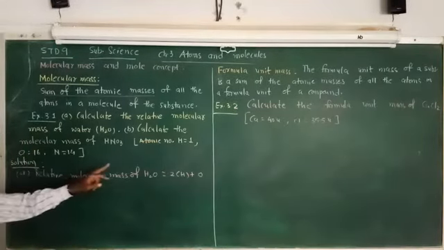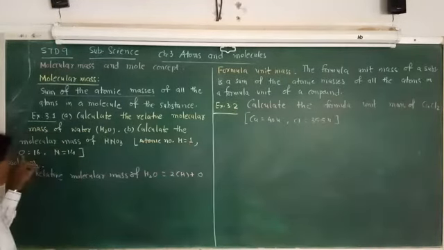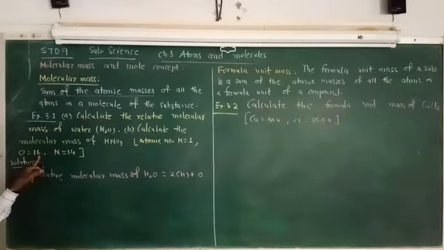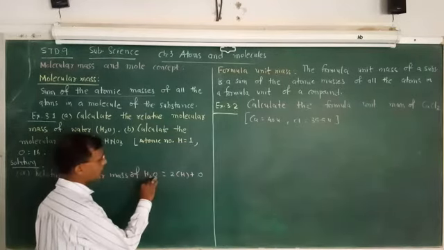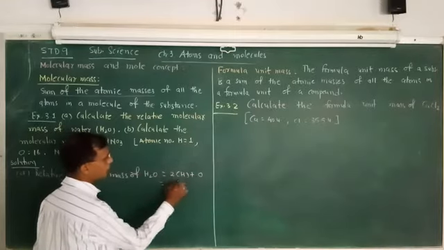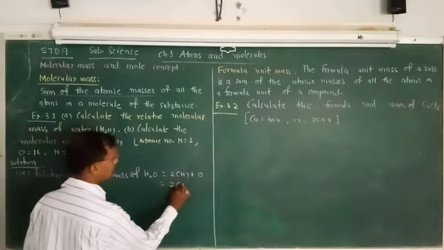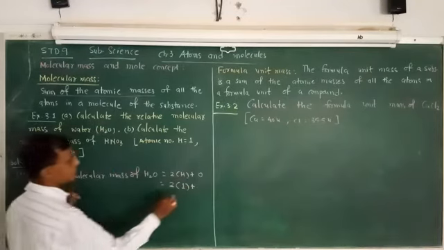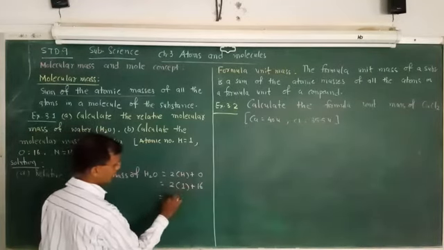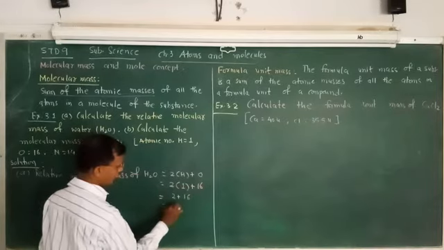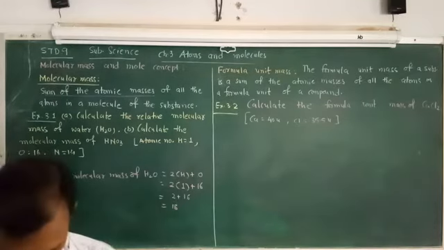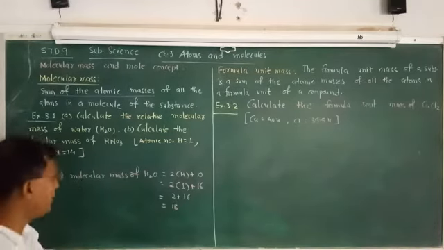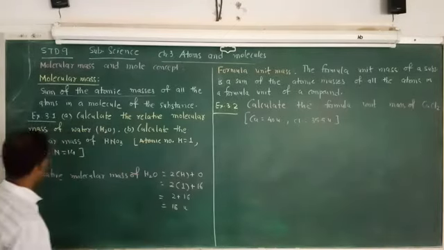The atomic mass of hydrogen is 1 and the atomic mass of oxygen is 16. So 2 times 1 plus 16 is 18. So the water molecule has a mass of 18 atomic mass units. The atomic mass unit symbol is u.